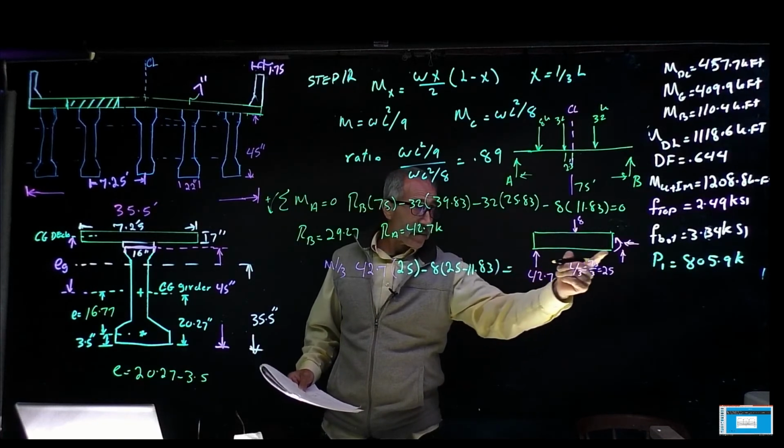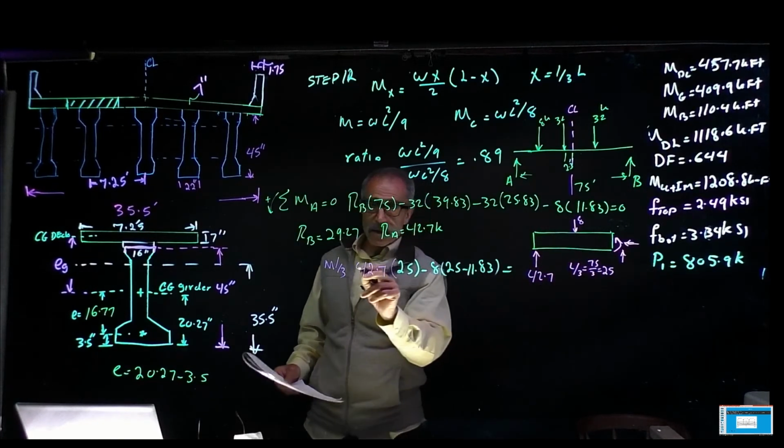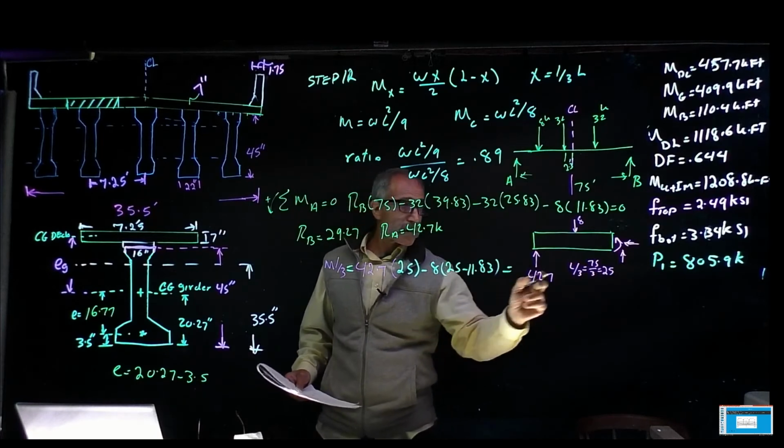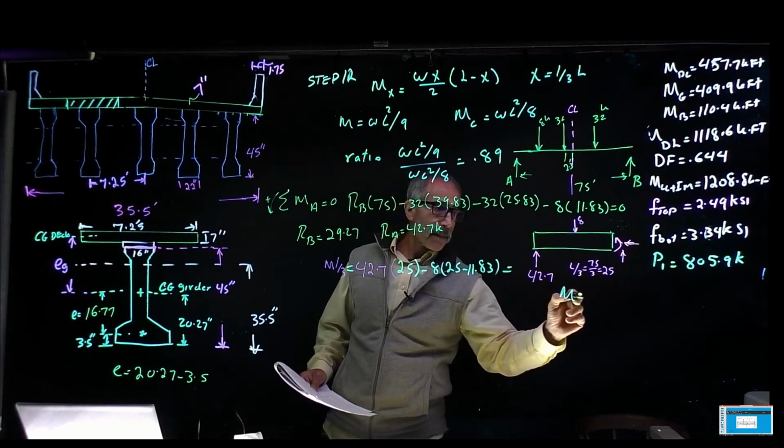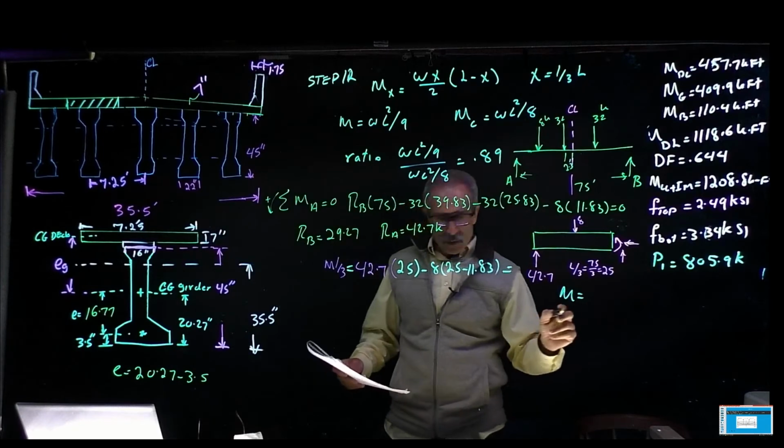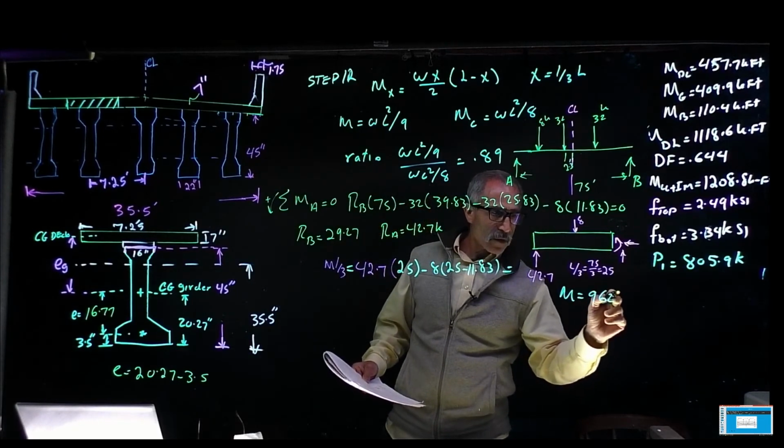So plus M. M at 1/3 comes out to 962 kip-foot.